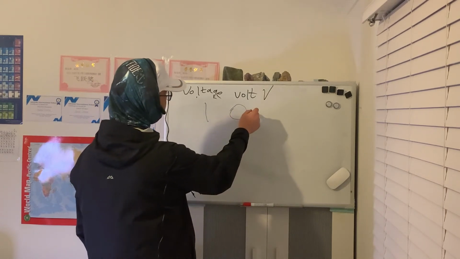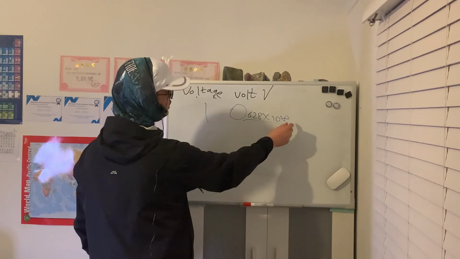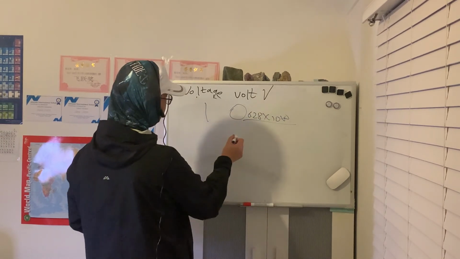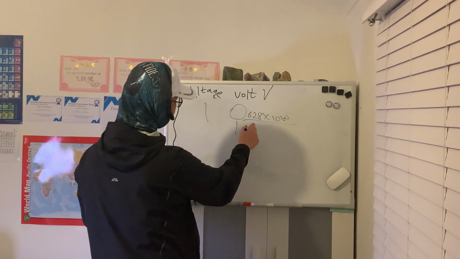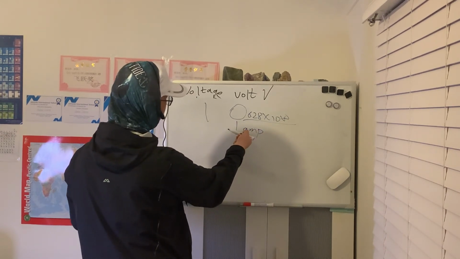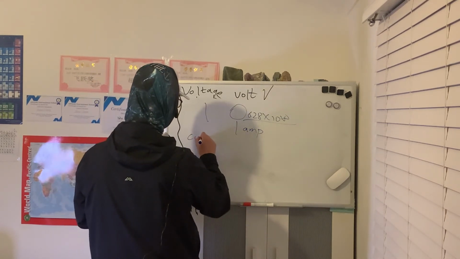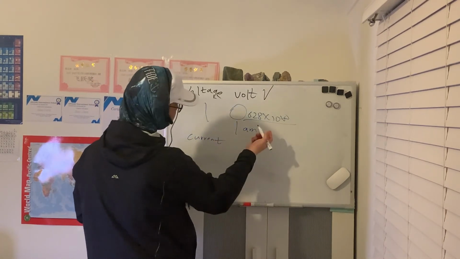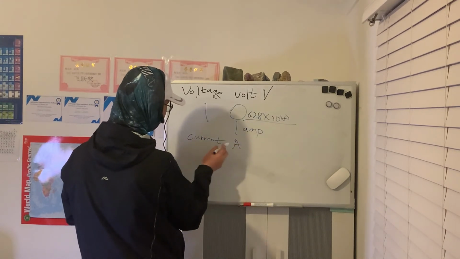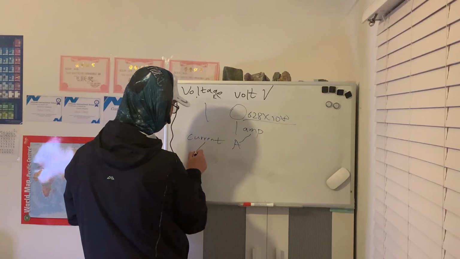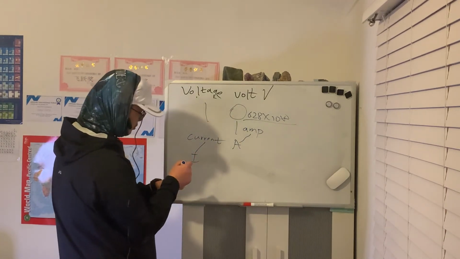If it's this amount of electrons, then its current is 1 amp. I don't know if I spelled it correctly. Its unit is A, amp. The symbol for current is I.